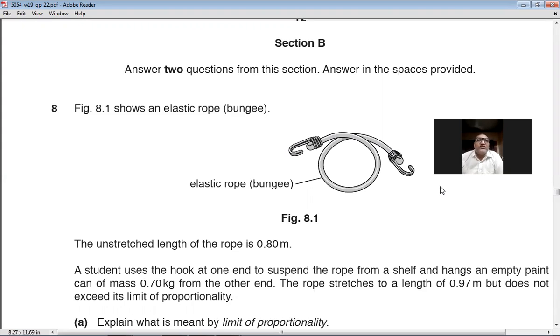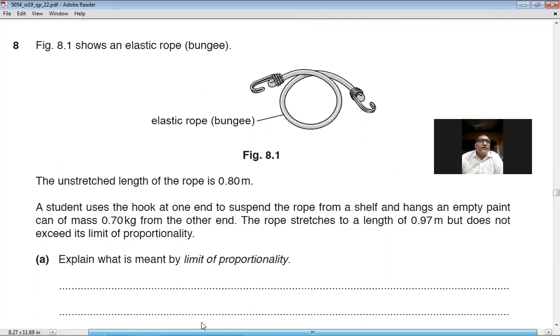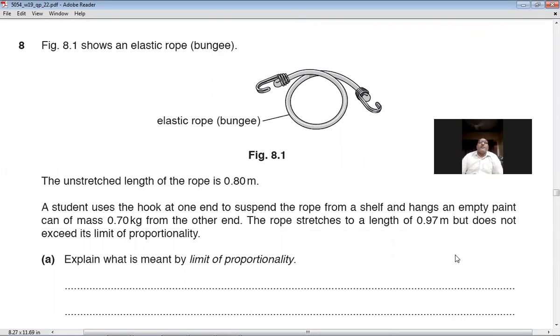A student uses the hook at one end to suspend the rope from a shelf and hangs an empty paint can of mass 0.70 kg from the other end. The rope stretches to a length of 0.97 meter, but does not exceed its limit of proportionality. Explain what is meant by the limit of proportionality.